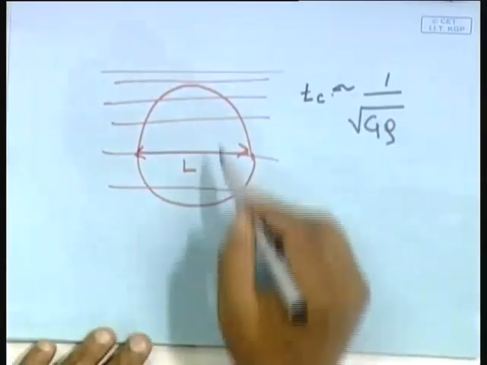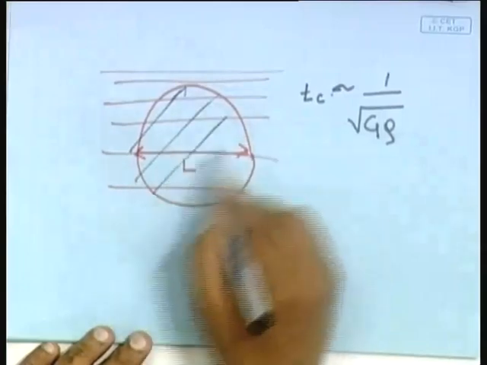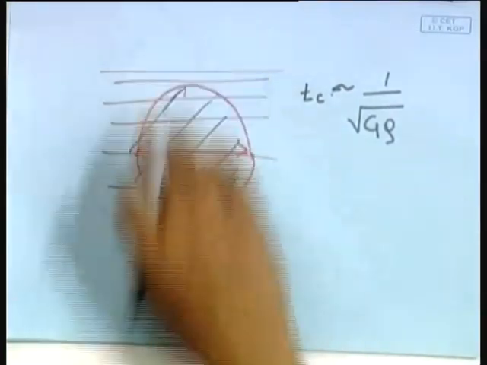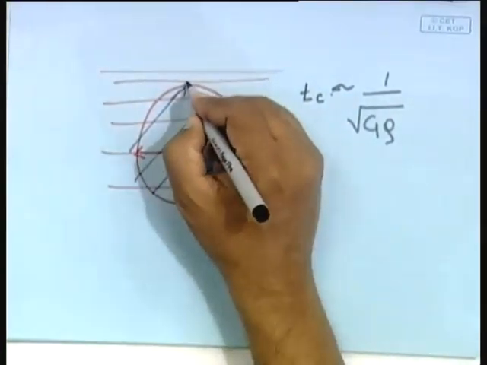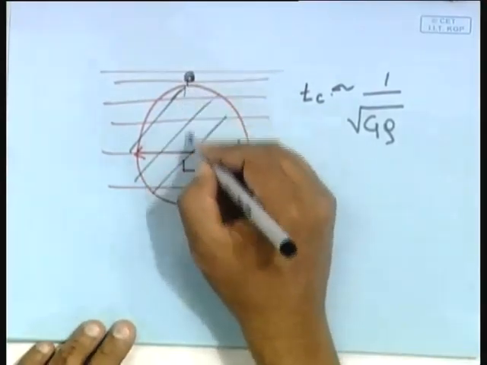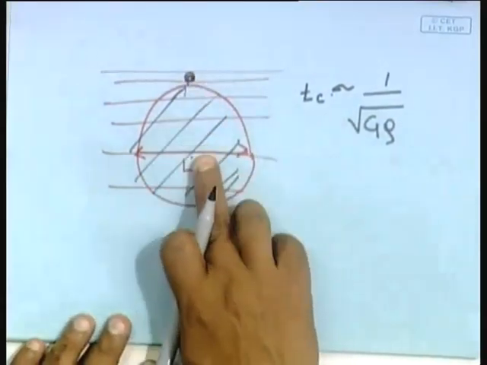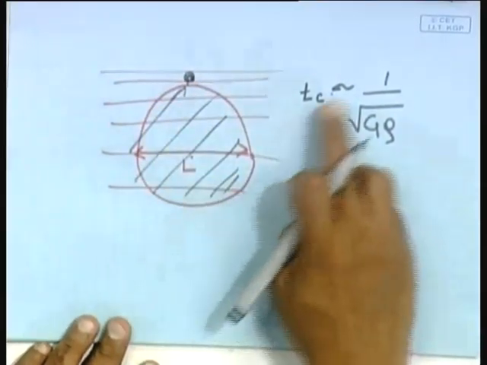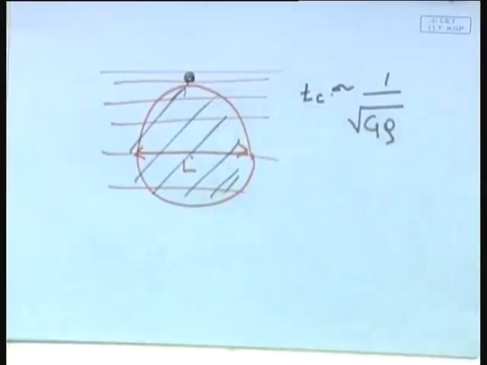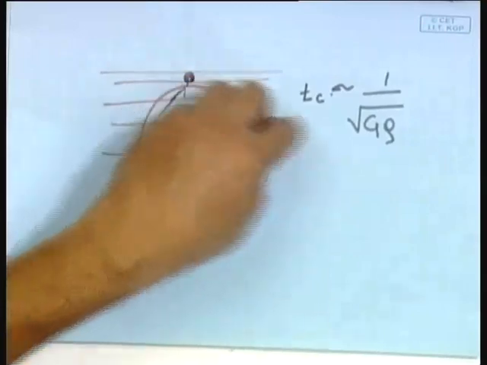You can just take a sphere of particles like this at rest and leave it. Write down the equation of motion of a test particle and ask at what time it will reach the center. It turns out that the time it takes, which is also the time for this to collapse, is 1 by square root of G rho.